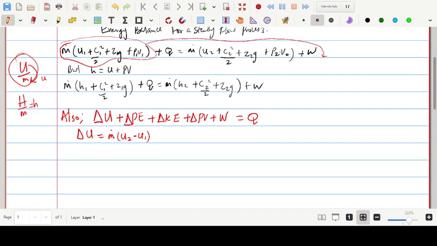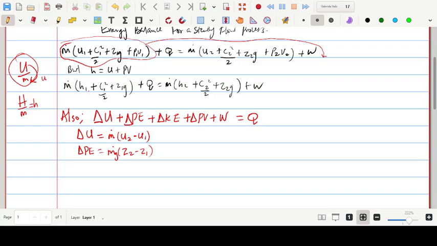Now that's the reason why this P2 V2 will now be minus P1 V1, which you have as the change in PV. Then we also have that of kinetic, potential and the internal energy. I hope that is clear. So the same thing goes to potential. Change in potential energy is equal to m dot (z2 minus z1), so g will be there.